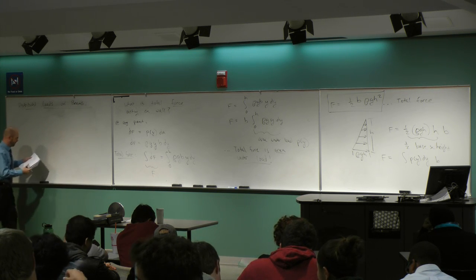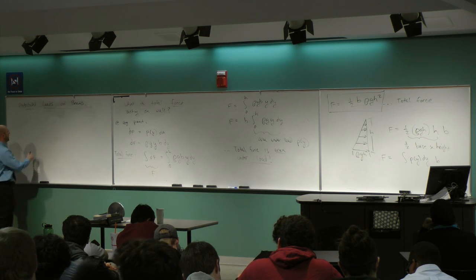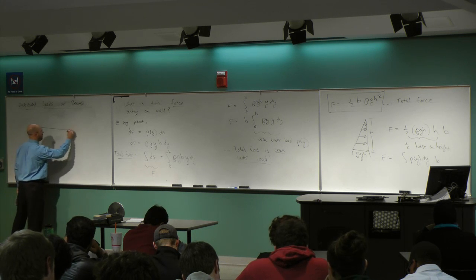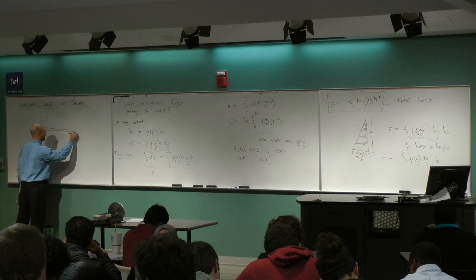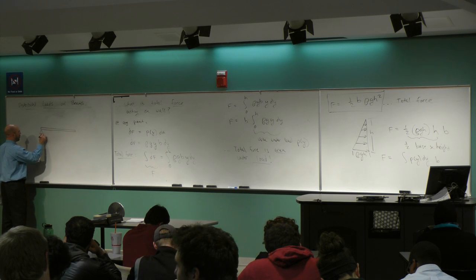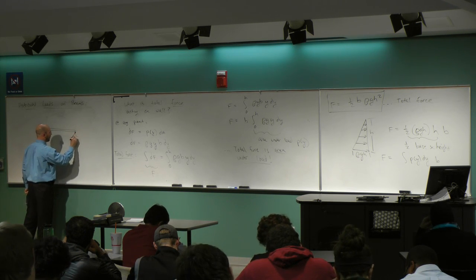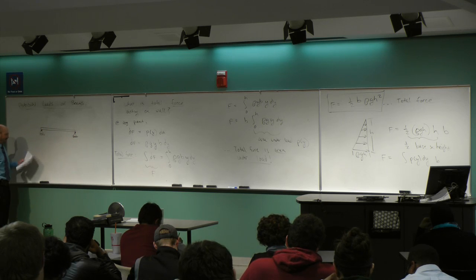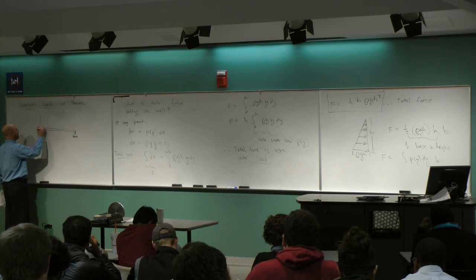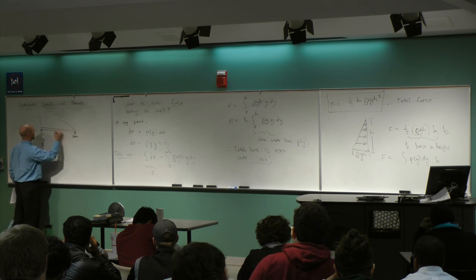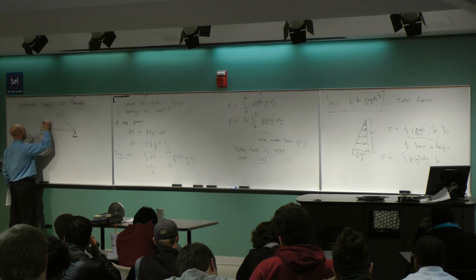Okay, and here's the idea. What I would like to be able to do is take a load on a beam, that could be any kind of load. So I'll draw it here with what we call simple supports, which is like hinges at the end, like this. And let's say that I've got any kind of function for a distributed load here.